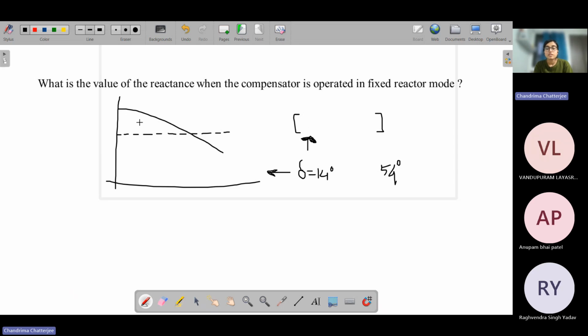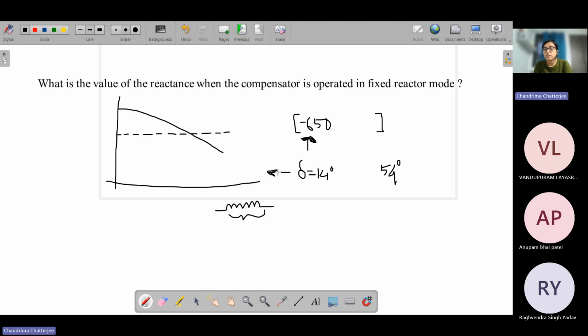That's why beyond this point, we need negative compensation. It was minus 650, if you remember. So here we need negative compensation. That's why we need to have a reactor, because in that case we need to absorb reactive power. That's why overall it should act as an inductive reactance. Okay.